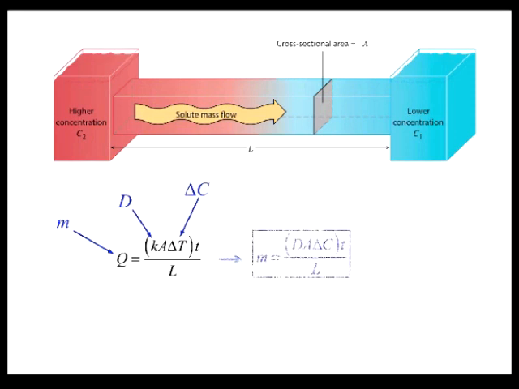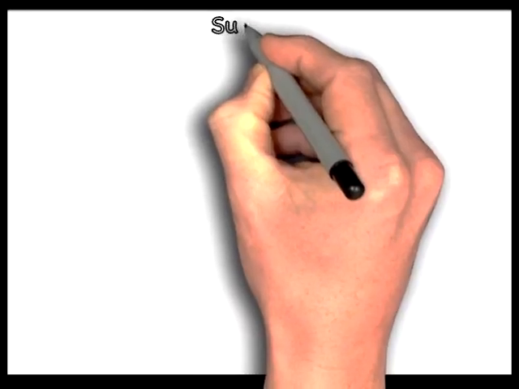The resulting equation, first formulated by the German physiologist Adolf Fick, is referred to as Fick's law of diffusion. It can be verified from the equation that the diffusion constant has units of meters squared per second, the exact value depending on the nature of the solute and the solvent. For example, the diffusion constant for ink in water is different from that for ink in benzene.